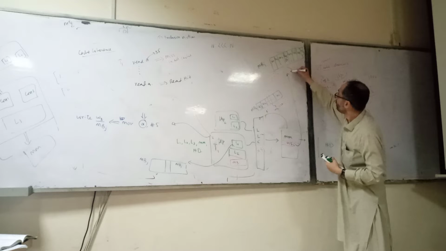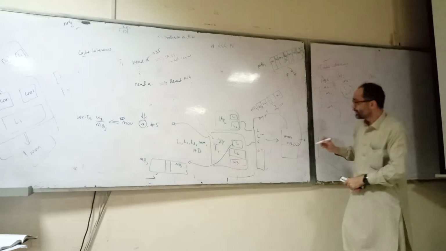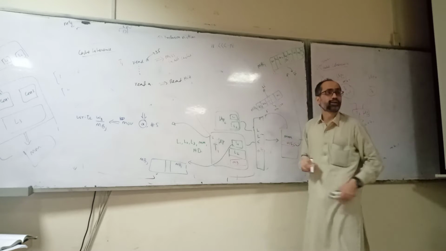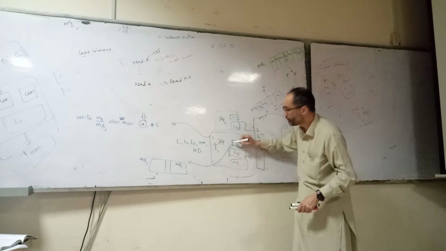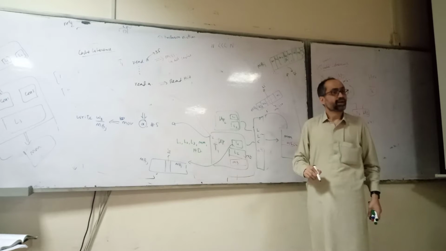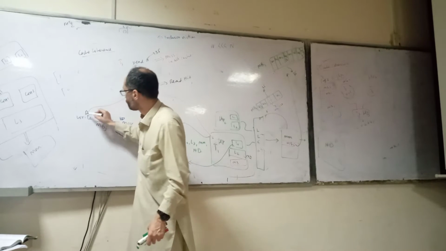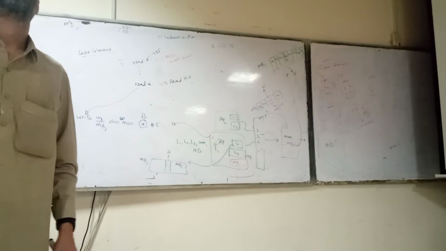So what will be the value of this word 3? 35. What will be the value of the block here? 35. What will be its value here? 35.